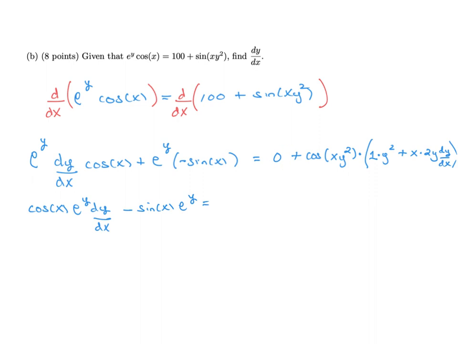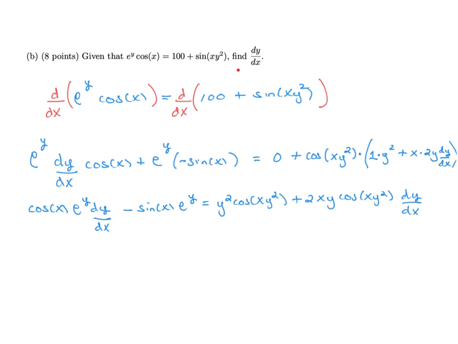I don't need to write this 0. When I multiply this here, I'll put y squared cosine xy squared. And then when I multiply this here, I'll put 2xy cosine xy squared and its derivative, dy/dx.